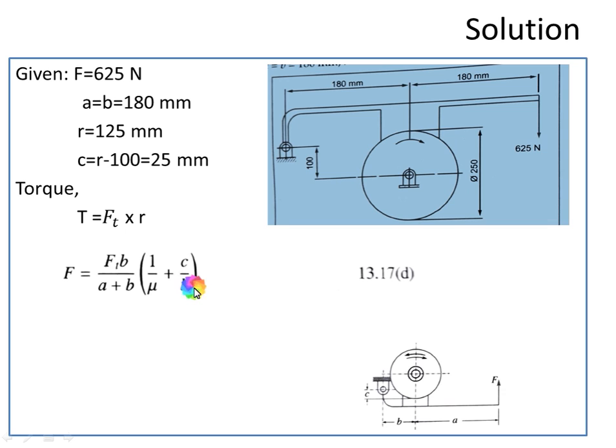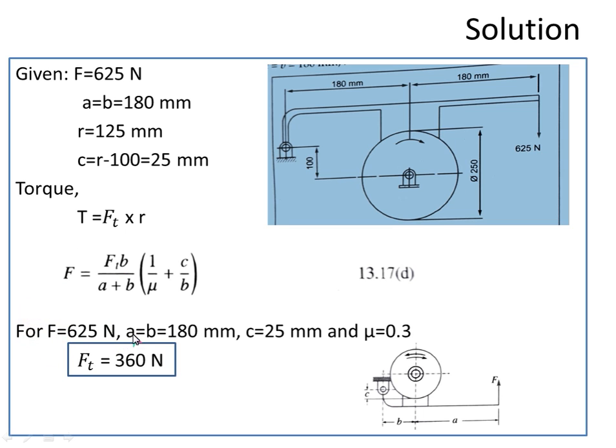For calculating Ft, we will use equation 13.17d as given in the data handbook, as I showed you. Substituting all the values for this case, you will get the tangential load acting on the brake drum or wheel as 360 Newton.